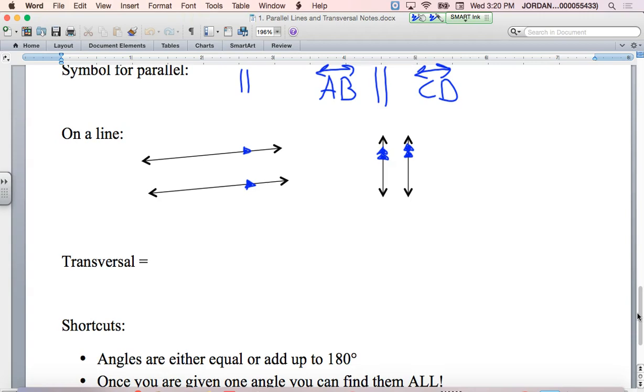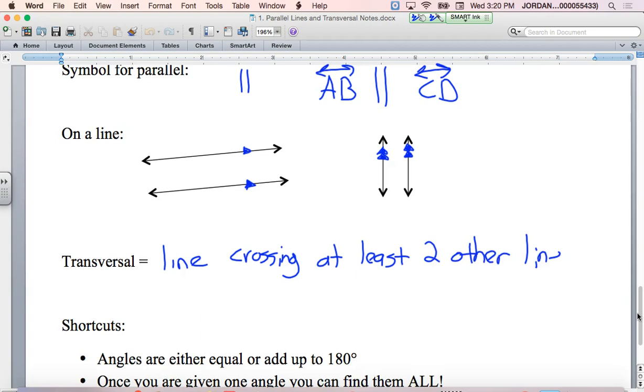Right? And then a transversal is essentially just a line that is crossing at least 2 other lines. That's the definition for a transversal.